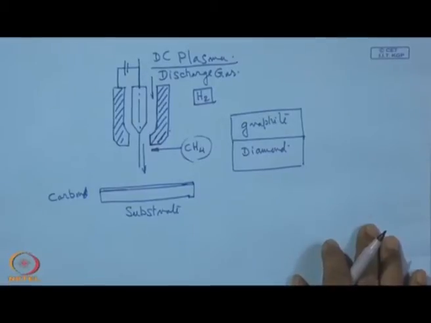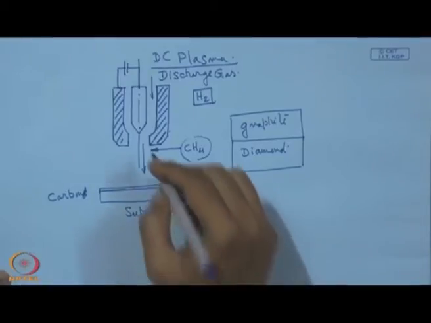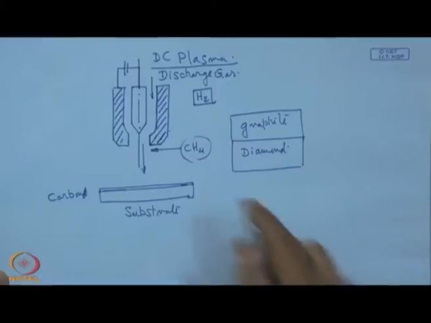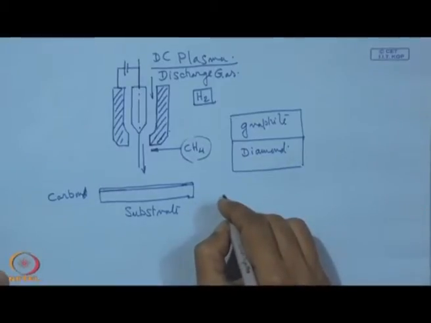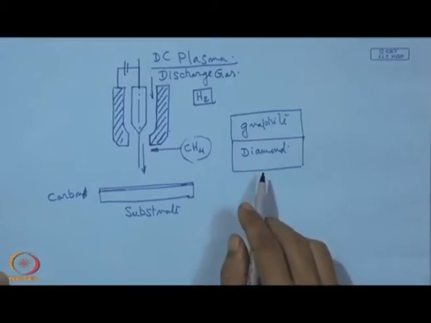or diamond. So, if graphite forms, then that is the most undesirable thing, and to remove that, we have a continuous supply of hydrogen, and the etching rate of graphite is much more compared to that of diamond. So, naturally, the etching rate of diamond will not be that fast.